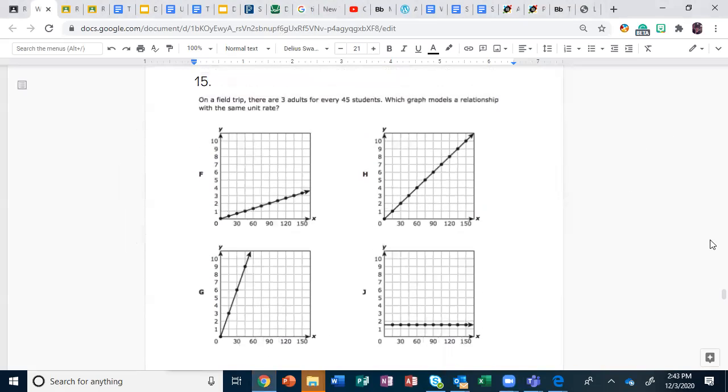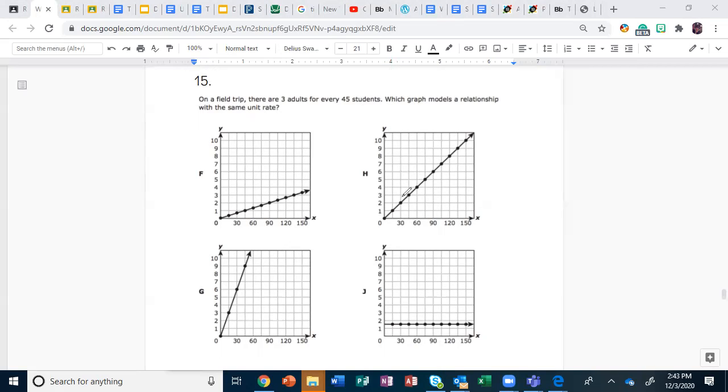Question 15, guys, same stuff. 3 adults for every 45 kids. Now here's the deal. It seems like on this one, we have the kids over here and the adults on the Y values, right?